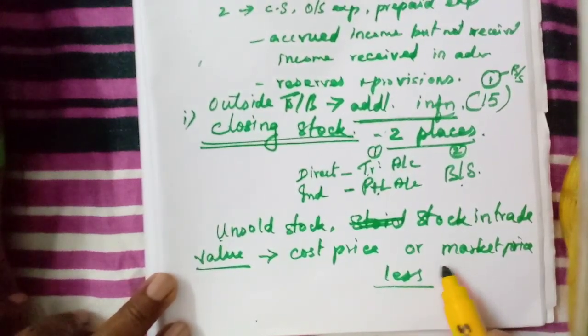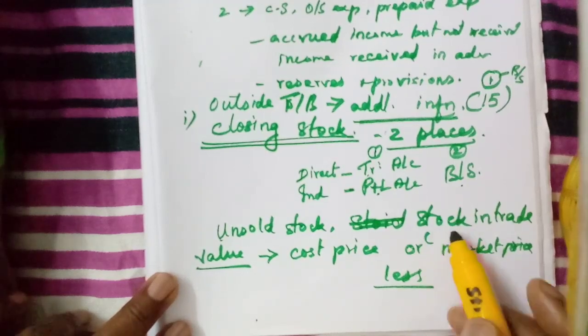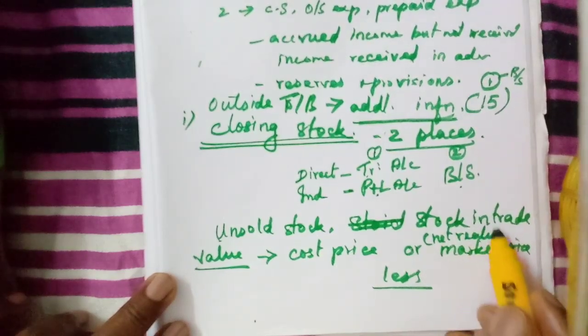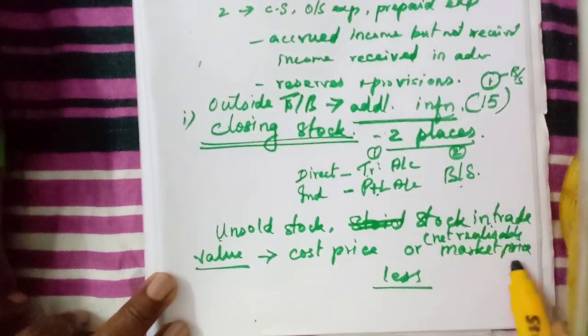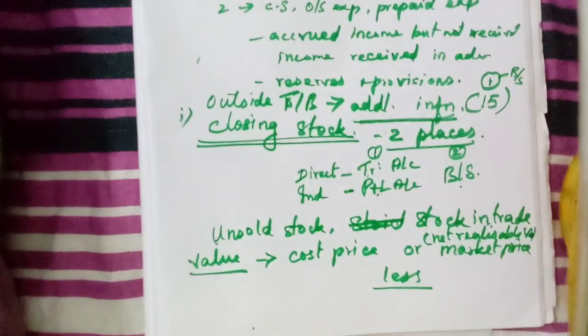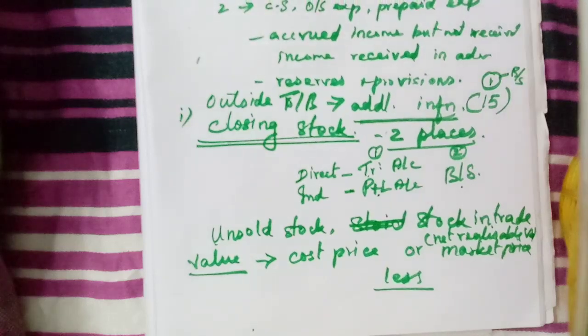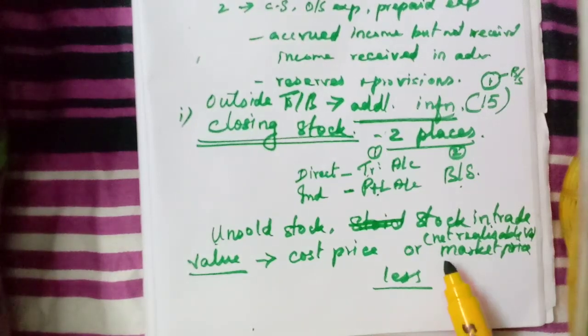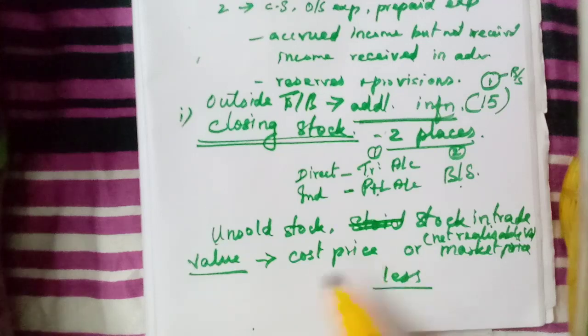Here, this market price is now named net realizable value. What is the meaning of net realizable value? That means how much amount we can sell these goods for, the closing stock, and we have to reduce the selling cost also.